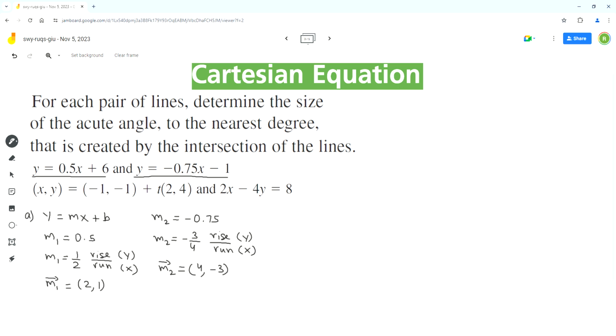Now we have to find the angle between these direction vectors, and that will be the angle between the lines. For that, we'll use the dot product equation.